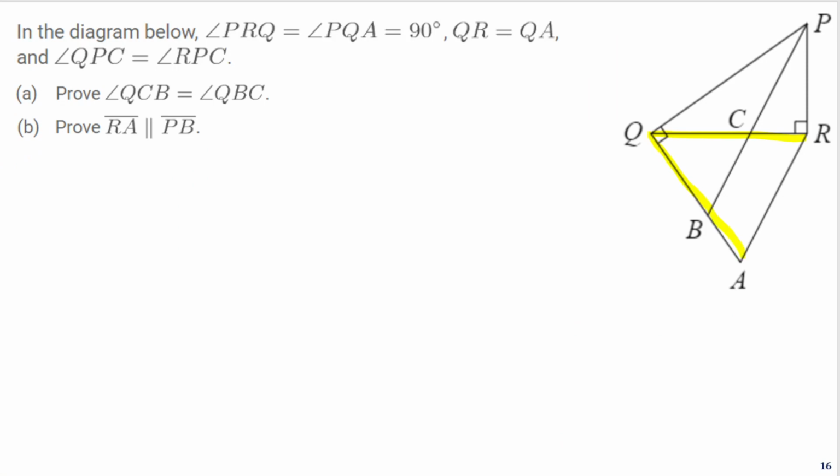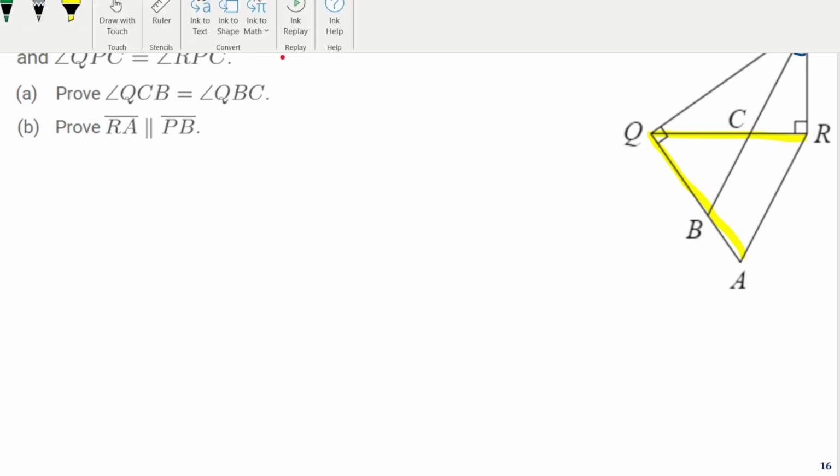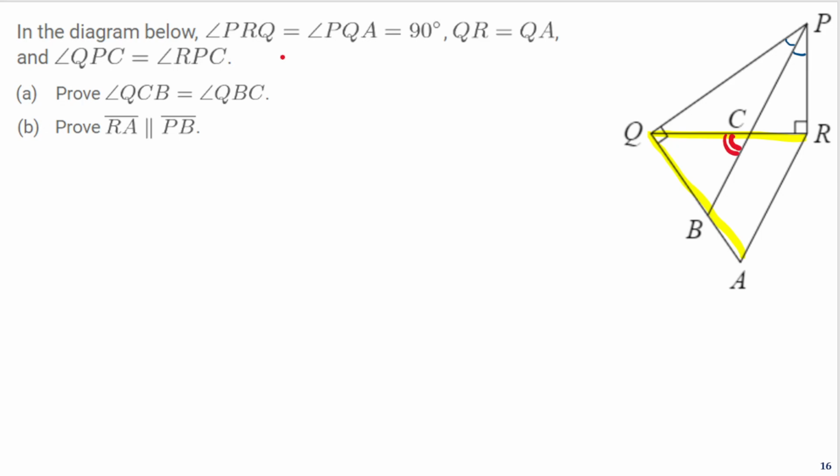And angle QPC equals angle RPC. These two angles are equal. First of all, can you prove angle QCB equals angle QBC? So you need to prove angle QCB equals angle QBC. These two angles are equal. Then prove RA is parallel with PB.